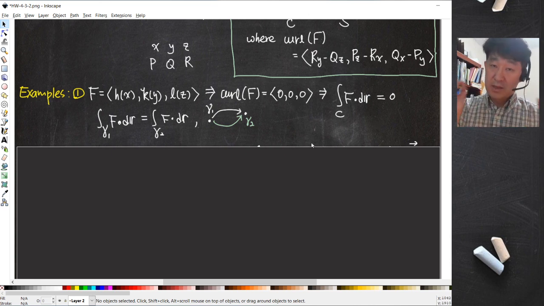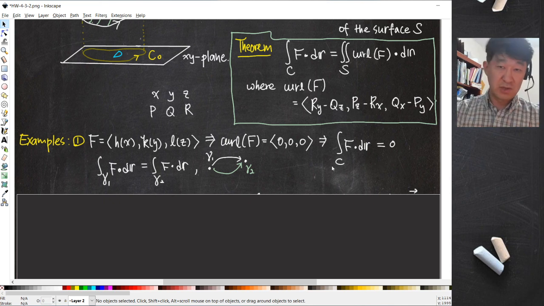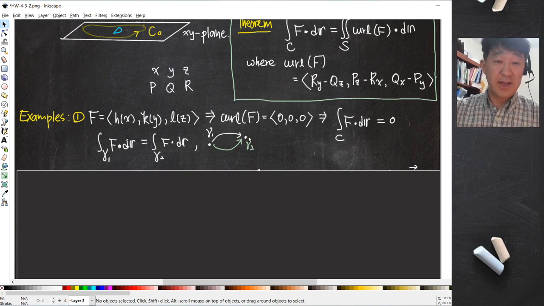So you see this line integral in space is going to be 0 because of the right-hand side, because the curl is 0. That's why this one's 0. So once you have a line integral of 0 over this closed loop, the consequence of that is if you start and end at a common beginning and terminal point, however you go from the beginning to the end, the line integral will be 0.